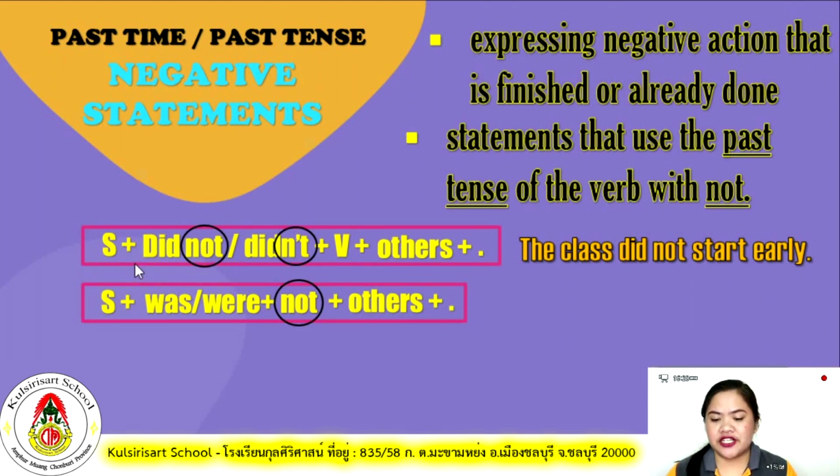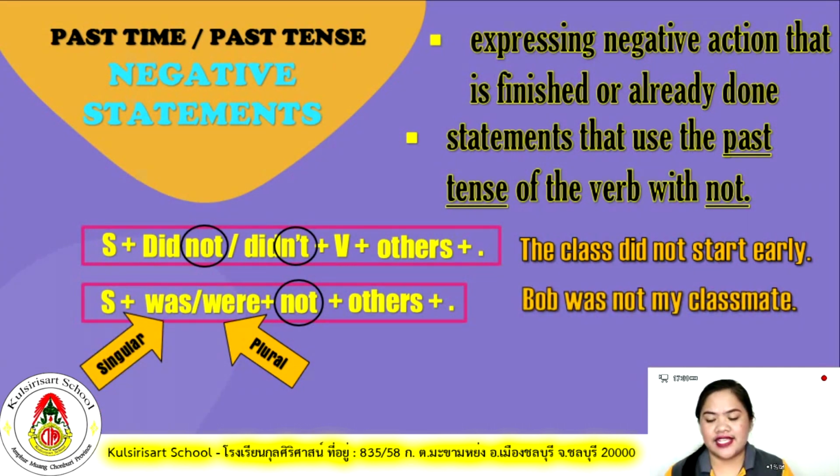This will be the pattern if you are going to use did, didn't. But if you are going to use was and were, this will be the pattern. Now let's try to see an example sentence. But before that, when we say were, we are going to use it in plural subject. And when we say was, it means we're going to use it in singular subject.